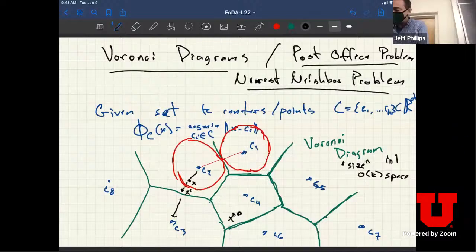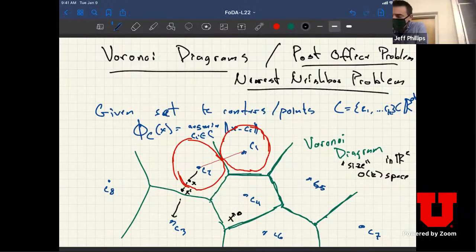This is in R2. So it grows linearly with the number of sites I have. It's not growing too badly. One region itself might have O(K) boundaries, but they can't all have O(K) boundaries. I'll talk a little bit more about what this means later.